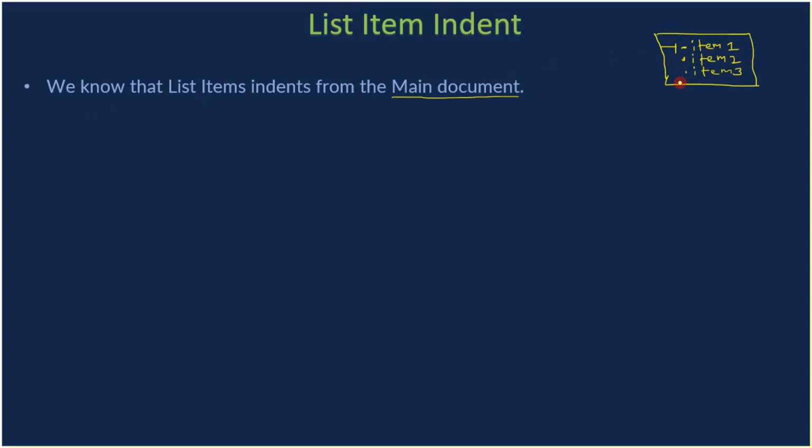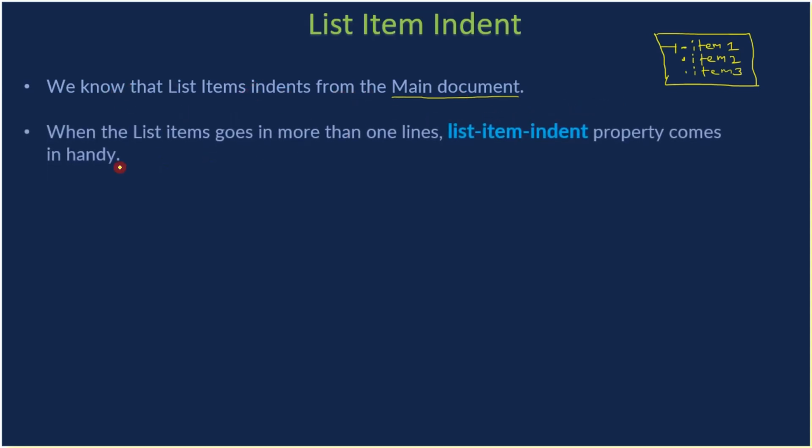On the left side, if you see, there is some gap, right? We call this an indent, and list item indents from the main document. When the list item goes in more than one line, the list item indent property comes in handy.